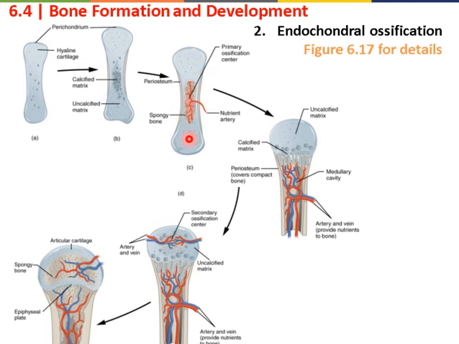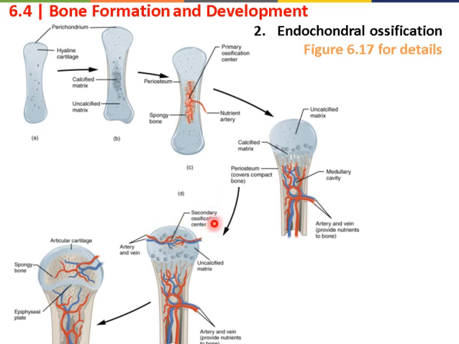Now, the two ends continue to grow in two directions. And the primary ossification center continues up to the age of 18. Once you get 18 years old, we have other capillaries entering the two ends of the cartilaginous part, forming what is called the secondary ossification center.